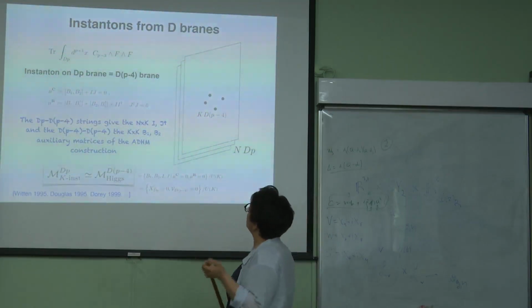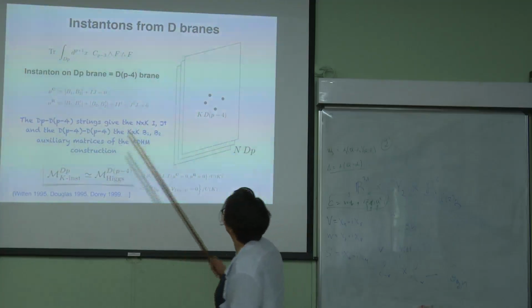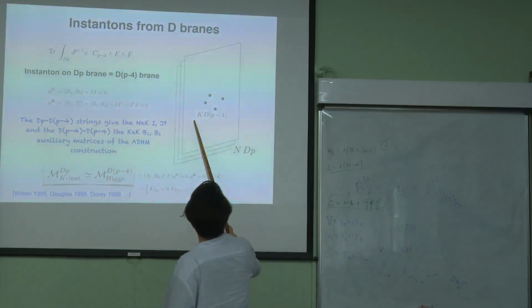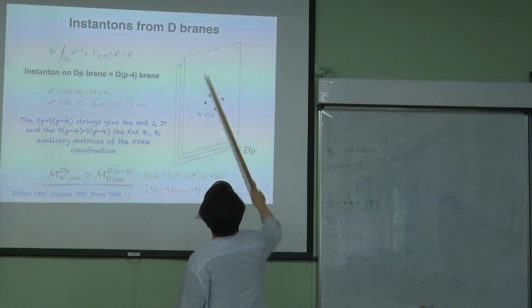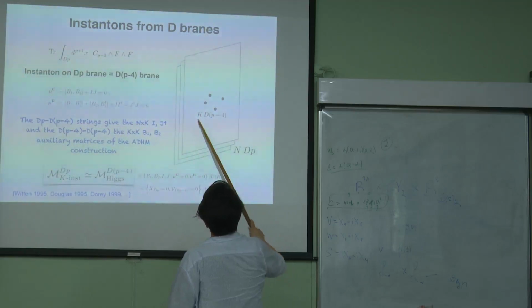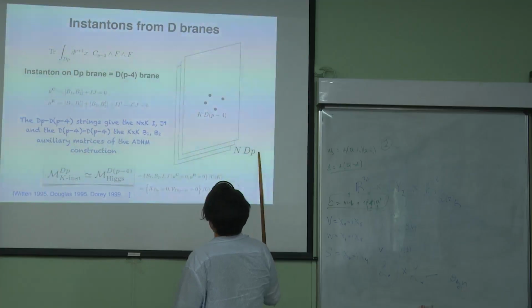First of all, to do this, you have to remember your string theory class. So you take N Dp branes, these are the big ones, and K D(p-4) branes. Let's write down the action on these N Dp branes.